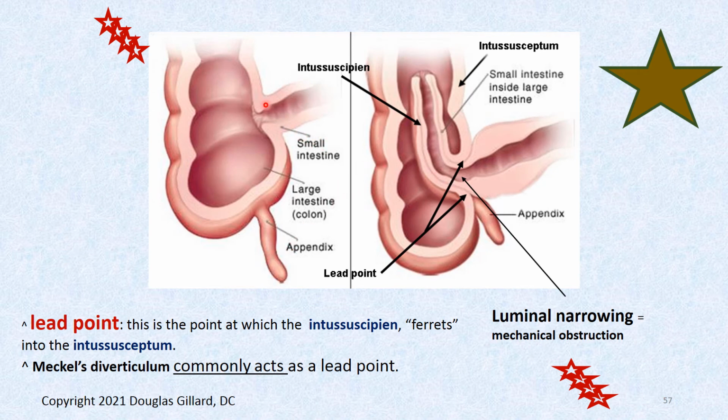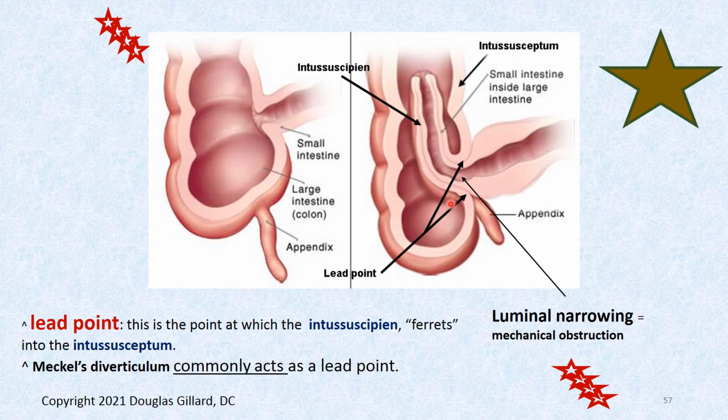So this can occur anywhere, but it likes to occur right at the ileocecal valve. For whatever reason, something gets a little stuck here, peristalsis ramps up, and it actually pushes the last part of the ileum into the large intestine, just like this picture. So you have small intestine within large intestine.